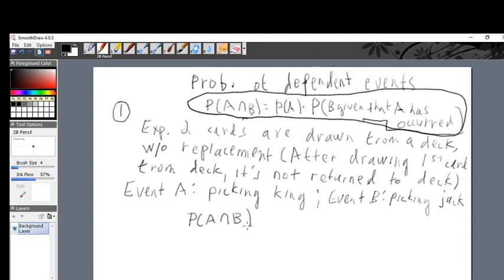The question is, what is the probability of picking a king and a jack?